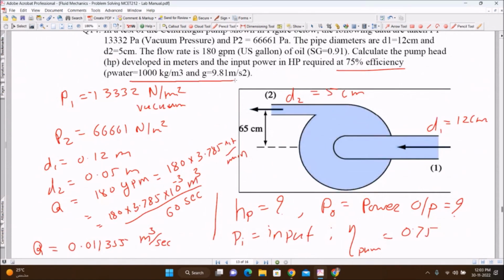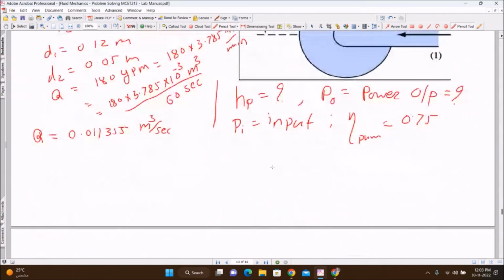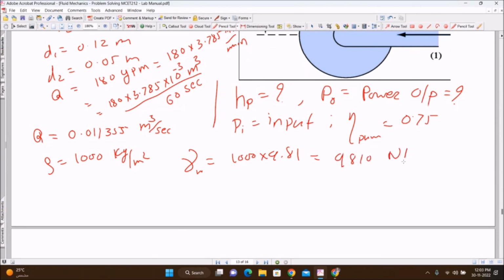Density of water is given, it is known, I know already. So density of water is 1000 kg per meter cube. So I can get the specific weight of water is equal to 1000 into 9.81 is equal to 9810 Newton per meter cube.